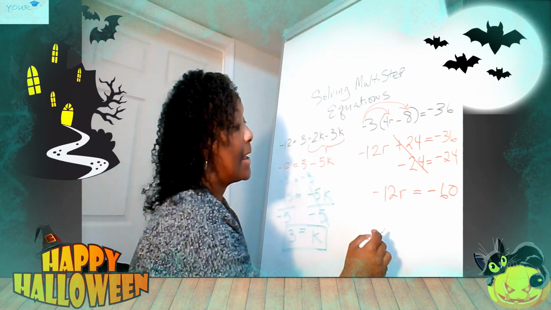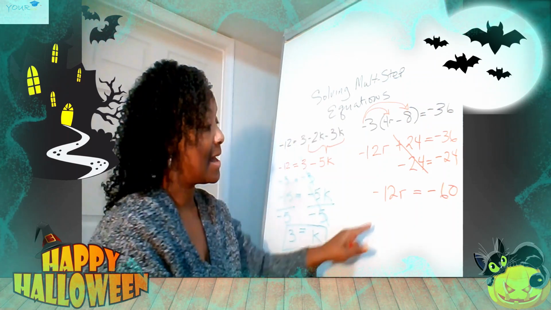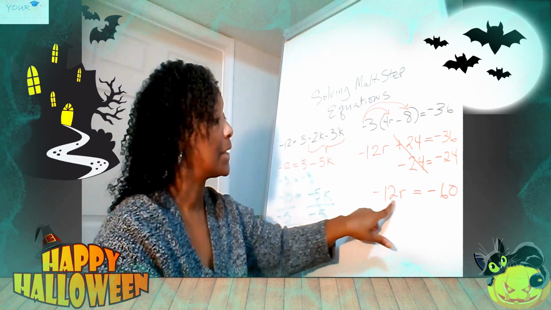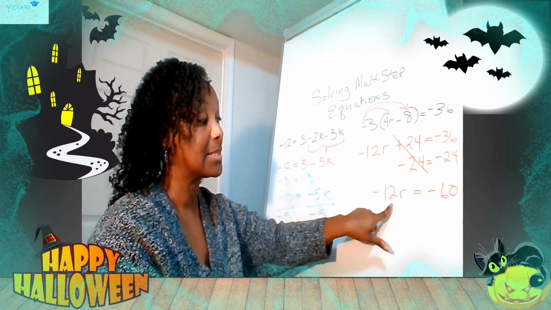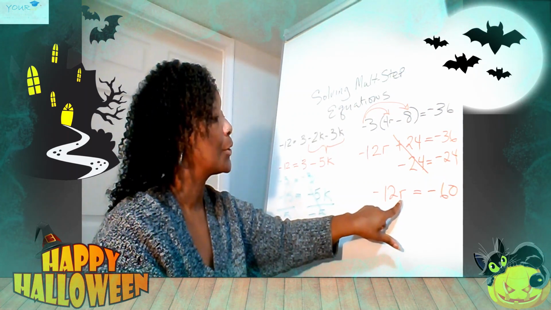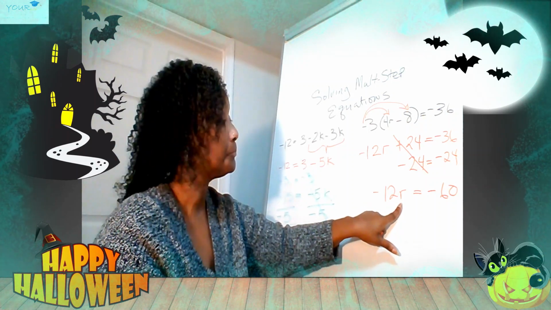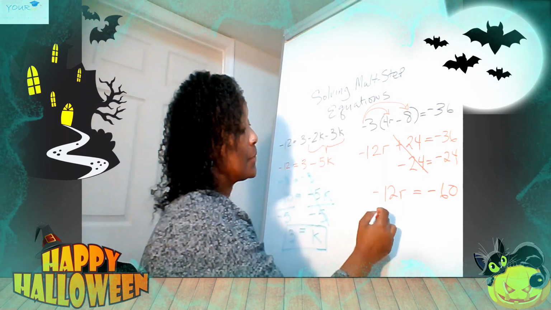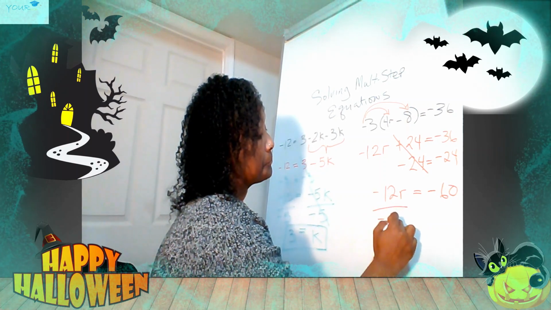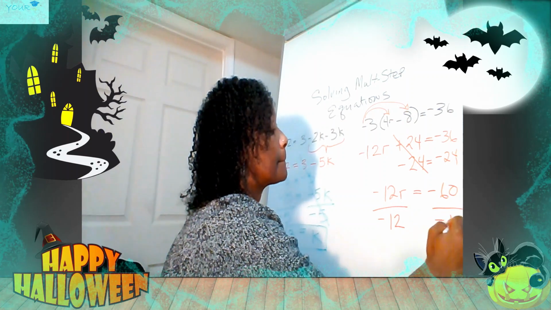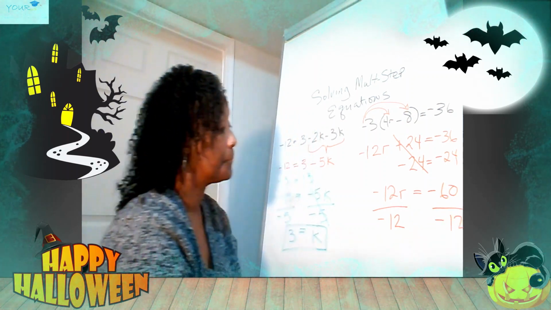Now I have a negative 12 beside my r, and I know that I need to get rid of my negative 12 in order for me to isolate my r to get it alone. I'm going to do that by dividing by a negative 12 on both sides of my equation.